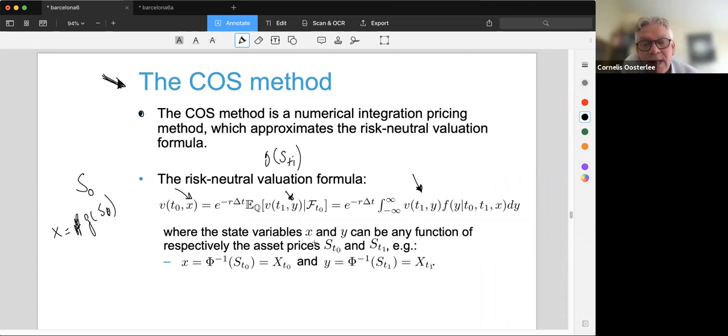Now, as I have mentioned, and which appears to be very important in this context of the polynomial processes, x and y can be any function of the asset prices S_t0 and S_t1. Particularly in our case, x will be psi inverse of S_t0, and that is x_t0, and y is psi inverse of S_t1, and that is x_t1.